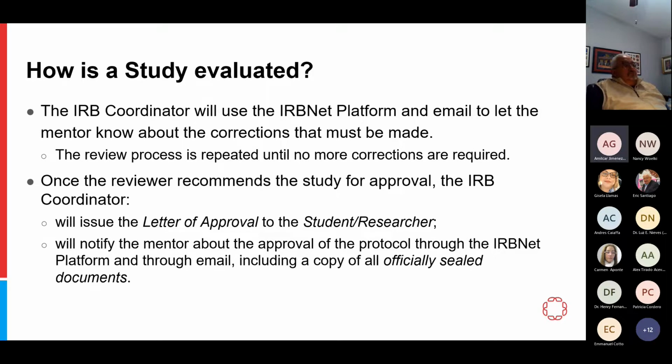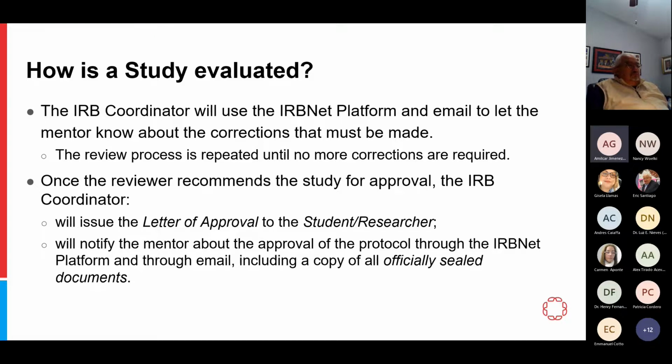Once that happens, the IRB coordinator will use, again, the IRB platform and email to let the mentor know about the corrections that must be made. Once again, I will not communicate with the student. I will be in contact with the mentor. Okay? This review process will be repeated until no more corrections are required.